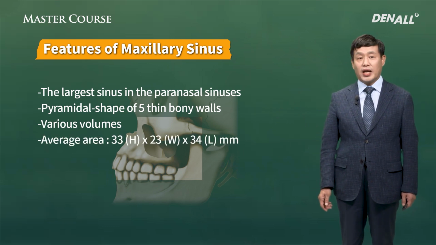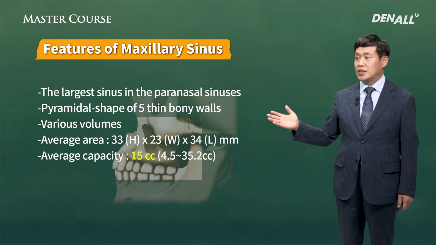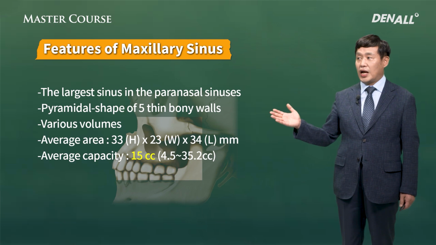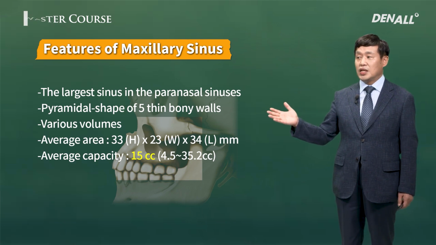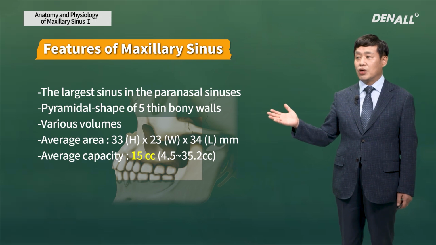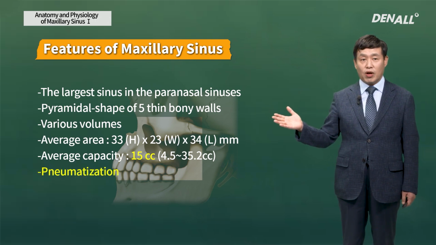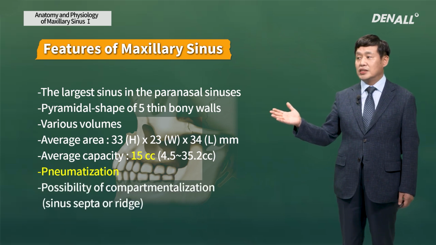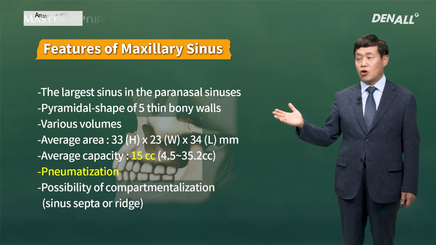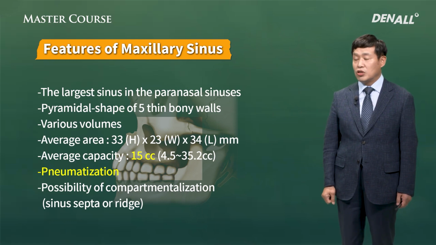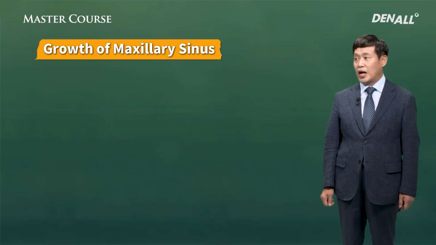In a person, the average capacity of Korean people is about 15 cc. If upper posterior teeth are missing, pneumatization can occur, as you know. And in the maxillary sinus, a septum or other compartments can make the maxillary sinus surgery difficult.